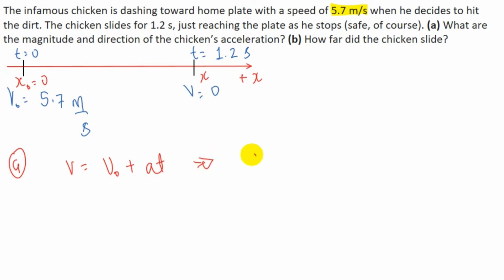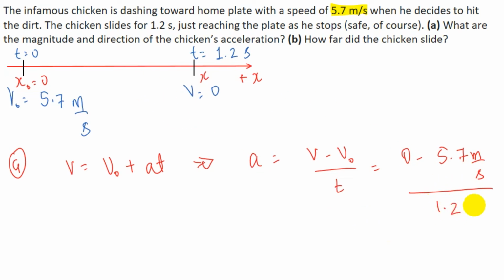So from here acceleration would be equal to v minus v0 divided by t. Now we can put the values. So final velocity we have 0, initial velocity we have 5.7 meter per second, divided by time, which is 1.2 seconds. So from here we'll get the acceleration to be equal to minus 4.8 meter per second squared.